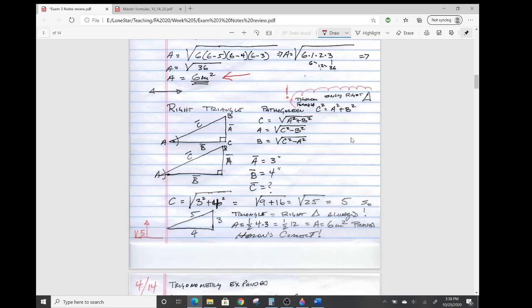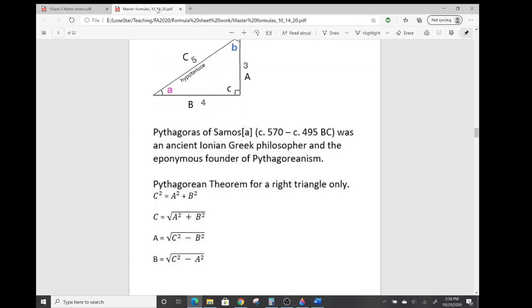Let's just go back and, good God, where's my cursor at? There it is. Okay. So C is the hypotenuse.